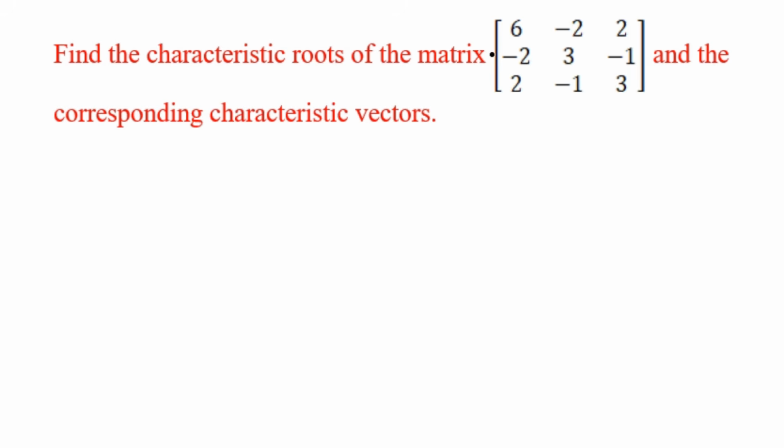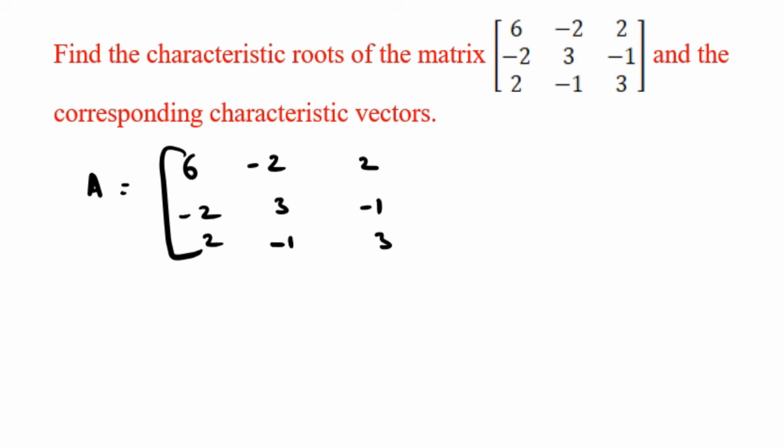Find characteristic roots of the matrix and corresponding characteristic vectors. Given A is equal to 6 minus 2, 2 minus 2, 3 minus 1, 2 minus 1, 3.